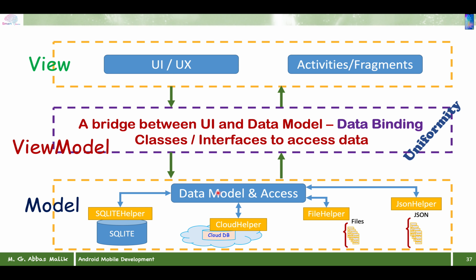We only need to change the data model. We don't need to change the view model or the view itself. We can change the view without changing anything below, or change the data model without changing the views, and so on. That makes the mobile application more manageable.